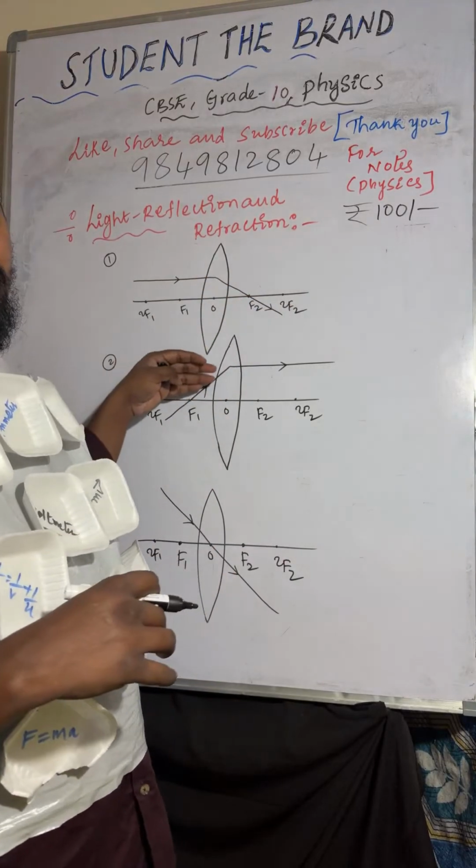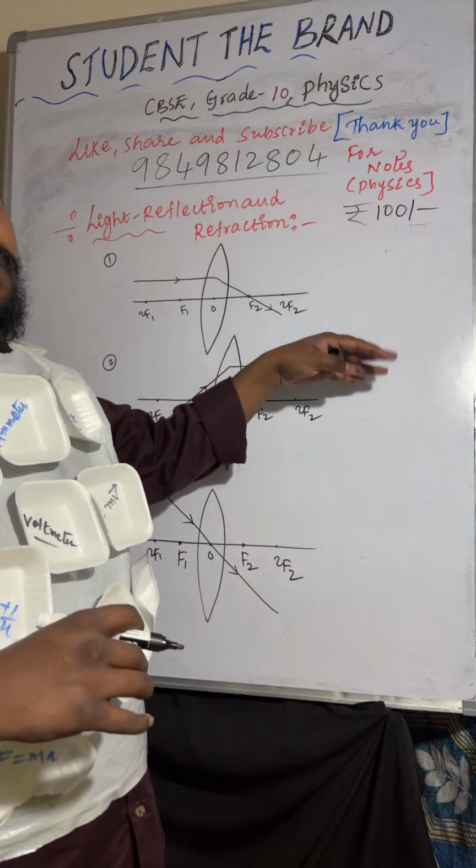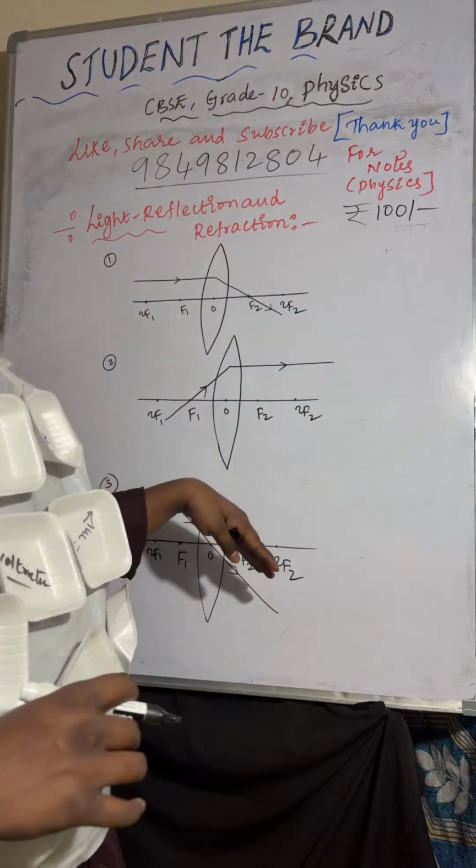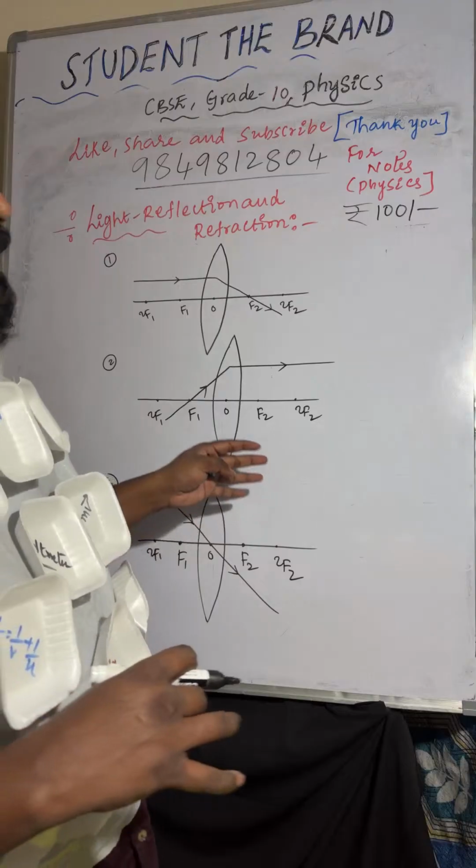Next, a light ray passing through focus, after refraction, moves towards infinity. A light ray passing through the optic center, no deviation takes place.